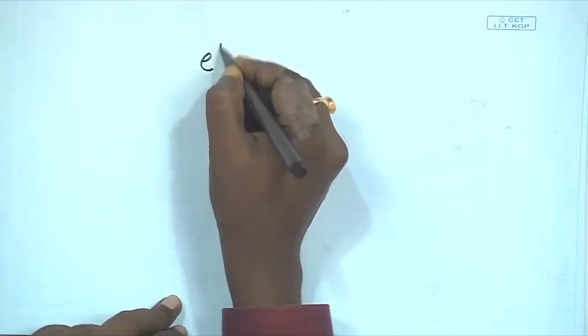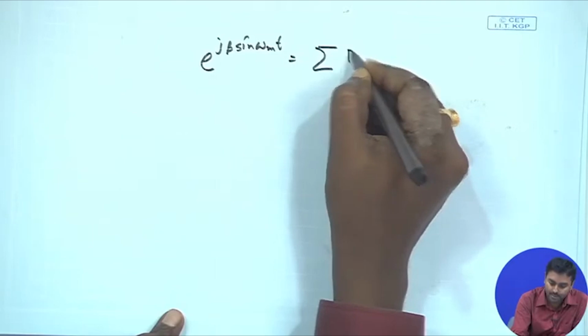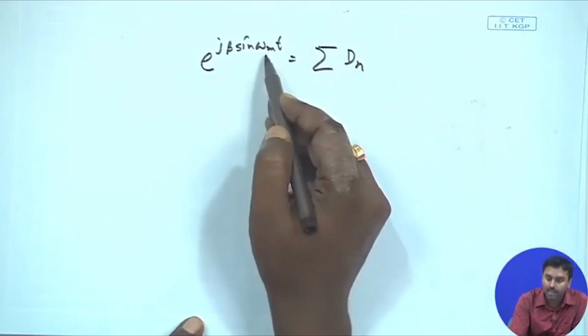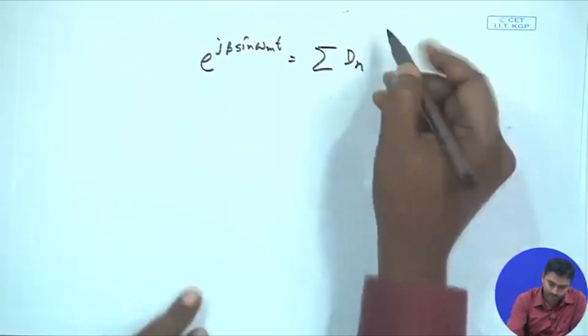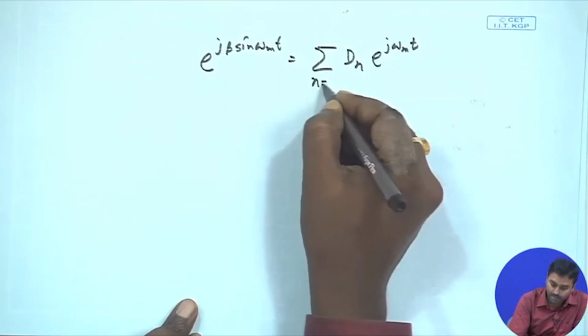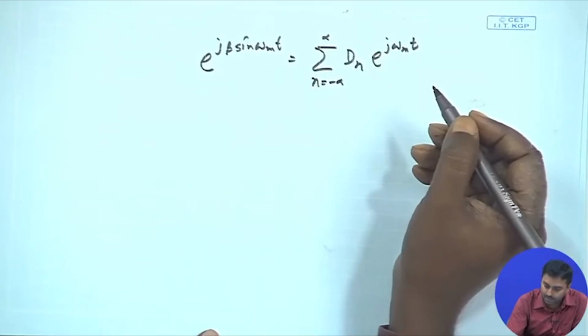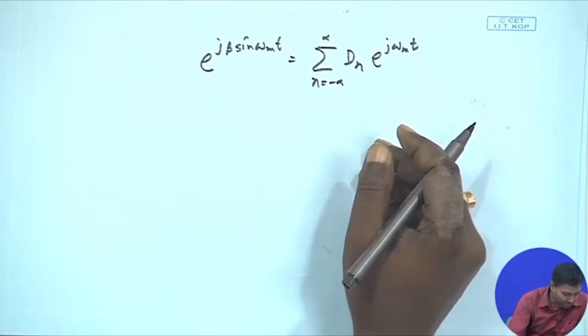Okay, so, that understanding tells me that I can write this e to the power j beta sin omega m t as a Fourier series expansion with coefficient dn, and the frequency I know already omega m. So, this must be e to the power j n omega m t, and this n varies from minus infinity to plus infinity. Okay. Wait a second, I have not written it correctly.